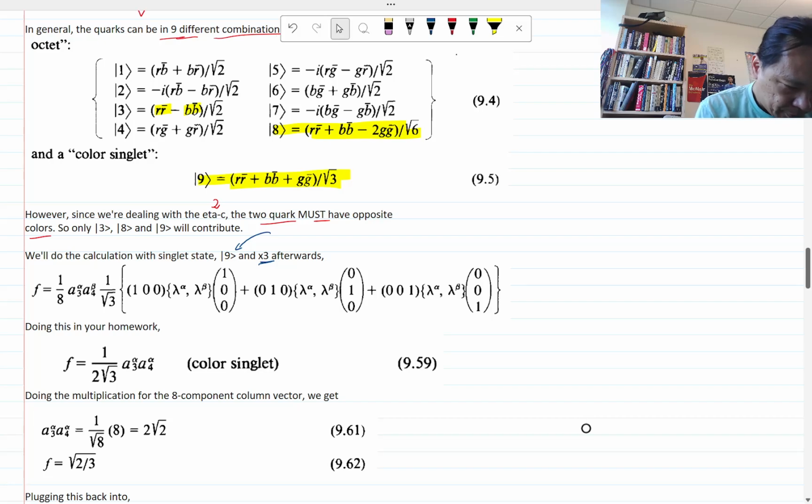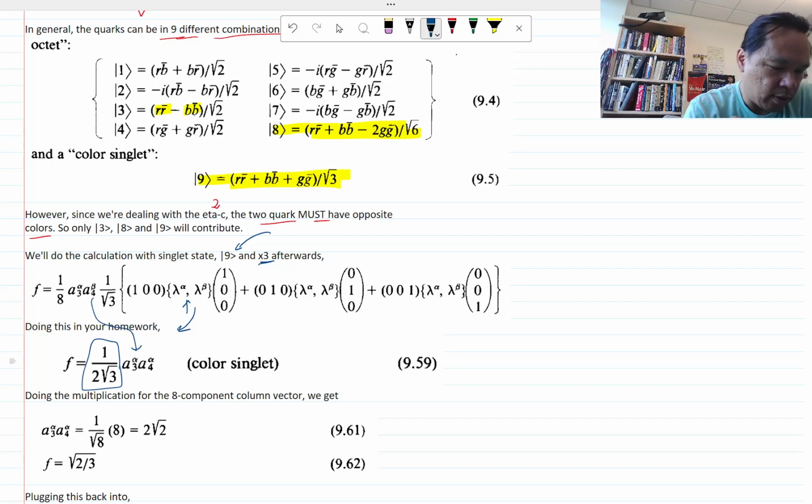If you compute the color factors, you put in these anti-commutation relations between lambda alpha and lambda beta. We're going to do a little bit of this in our homework. What ends up happening is that you end up with basically this factor in front with your color factor. And we still have not dealt with these octet gluon vectors.